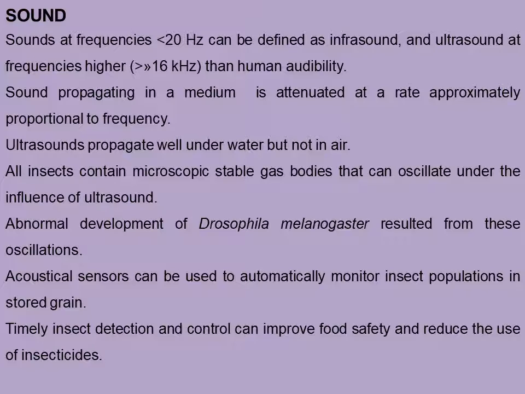Similarly, sounds can be used to detect the insect population. So they can be made use of for the management of insect pests. It may not be directly killing the insect pest, but it helps in their management. We can have an idea, we can assess what the number, what the population is. So if that can be assessed, then it means this is high time that the control measure strategies should be opted.